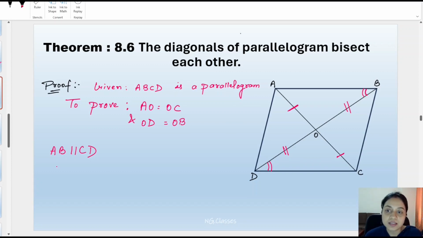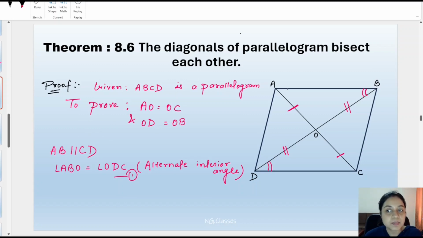Let's write it: angle ABO will be equal to angle ODC, alternate interior angles. Let's say this is equation 1.